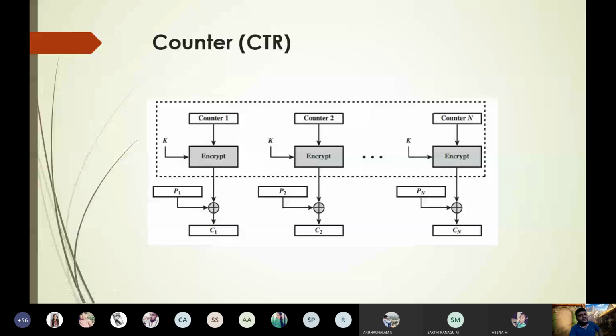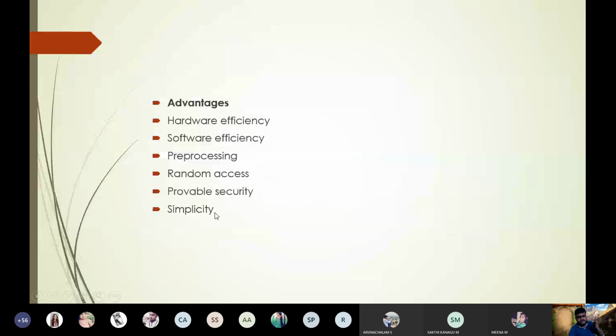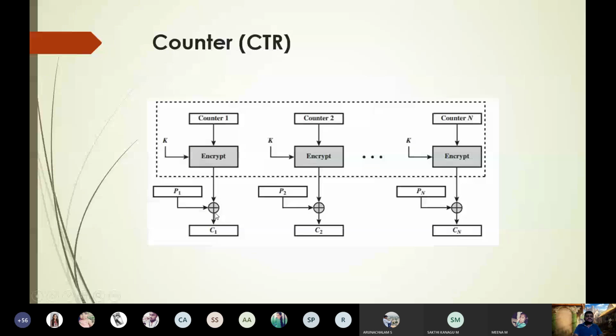So here, counter one is encrypted. This counter one may have some value. That value is encrypted by using the key. After encryption, I will get some output. By using that output, I can perform an XOR function, combining P1 and the encrypted data.